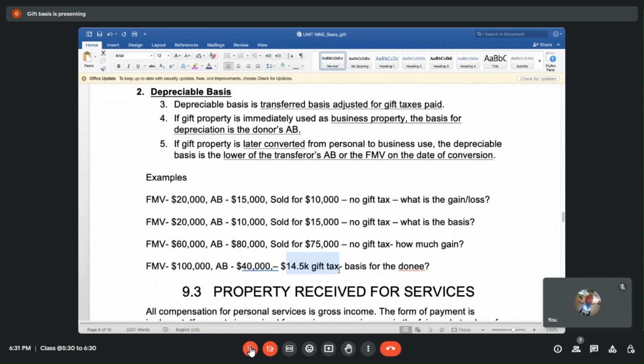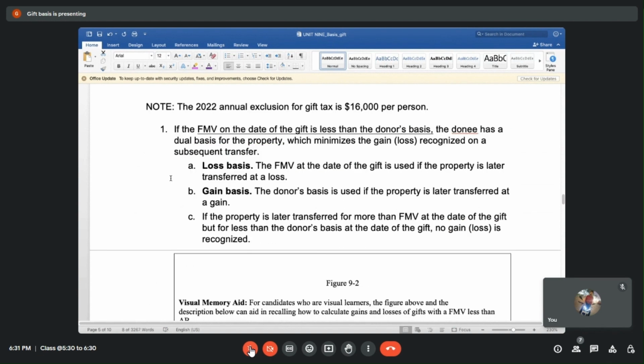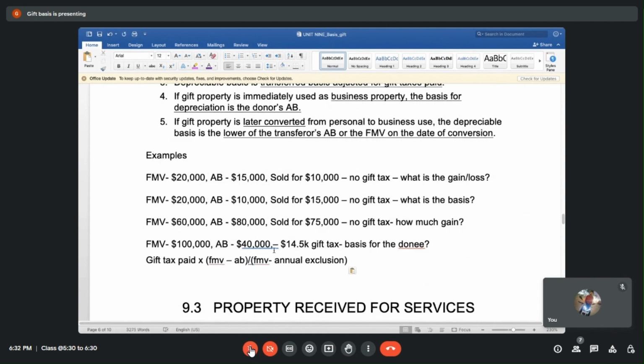And what they say is if the gift tax is paid, then we need to increase the basis by the gift tax paid, which is attributable to appreciation. This is the formula. So, can anyone compute that quickly?